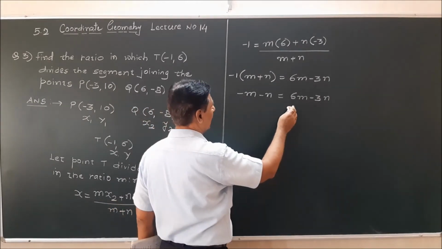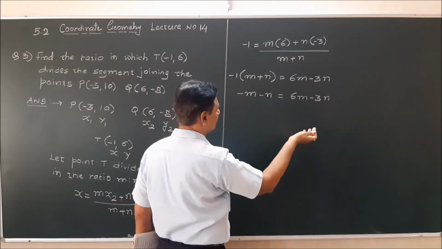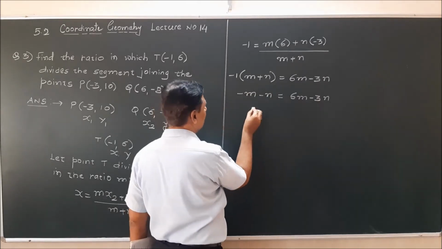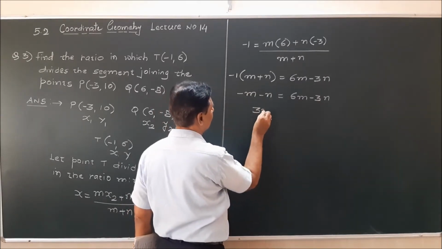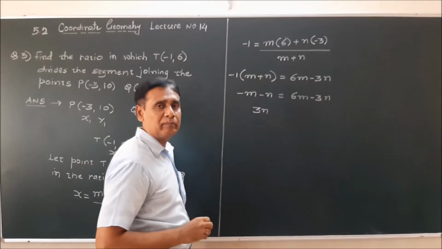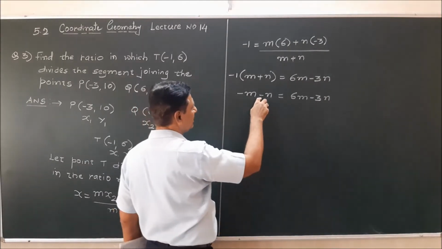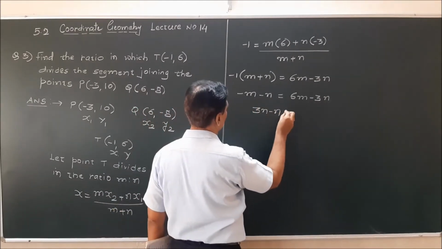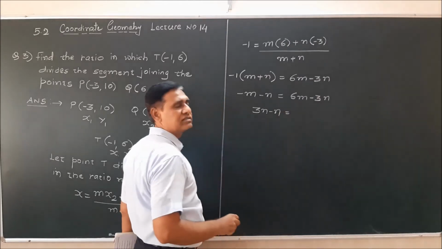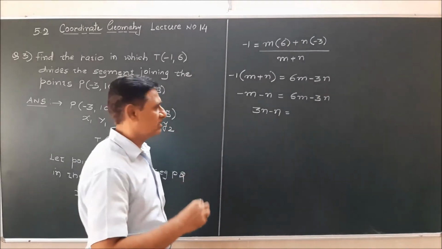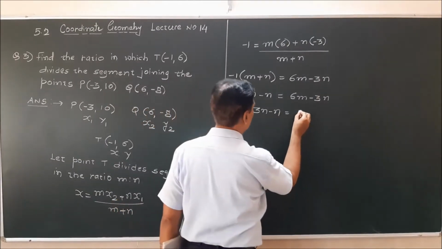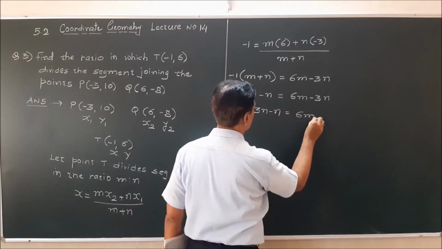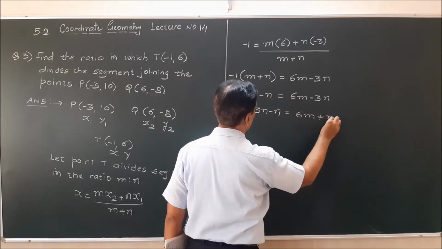Okay, I'm going to transfer minus m to that side and 3n to this side. So 3n on the left hand side will become plus 3n. Minus n is already on the left hand side, so that is equal to minus n. On the right hand side we will get 6m plus m.